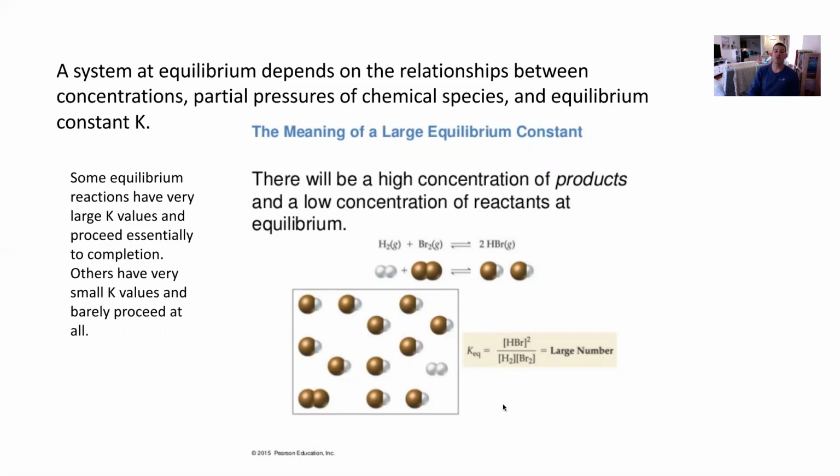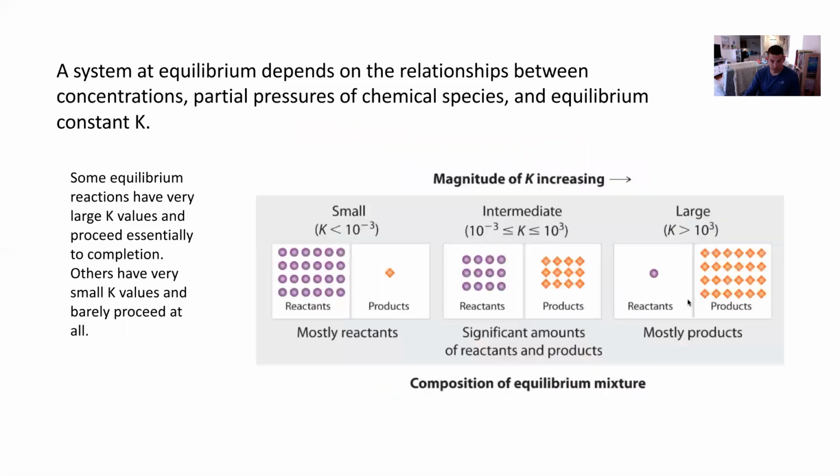So when an equilibrium has a very large K value, it means that it's occurred essentially to completion. There is still that reverse process, but once we reform the reactants, we almost immediately reform the products. That's a very large value for K.